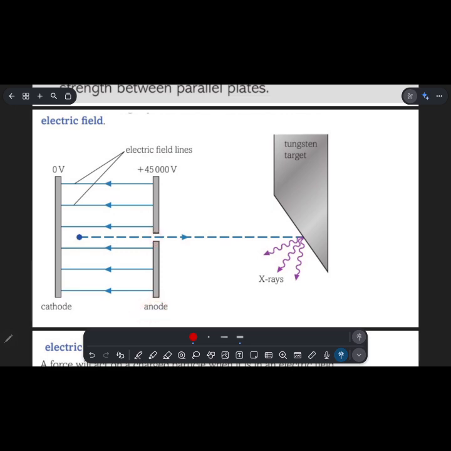They pass through this gap and strike the target metal, tungsten, and generate X-rays. Basically, the idea is that electric field lines always go from the positive to the negative terminal, and the positive terminal is the one which has the higher voltage.